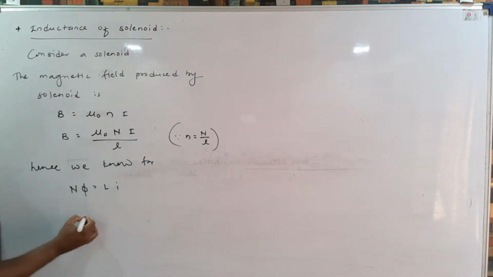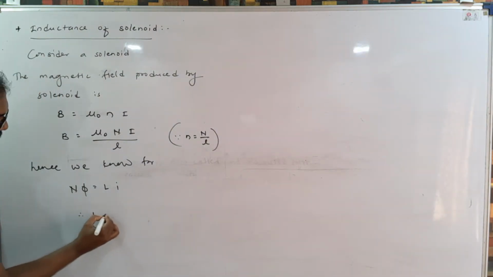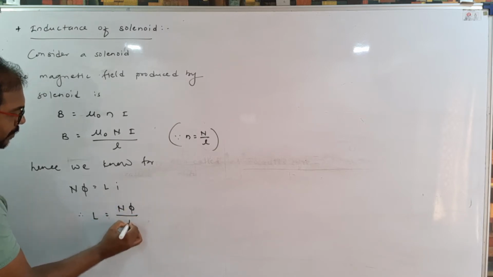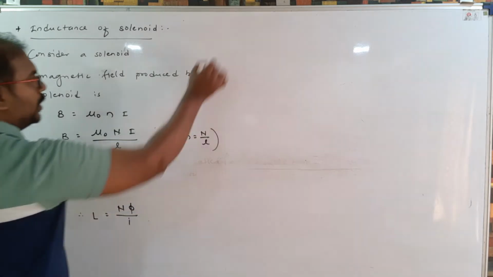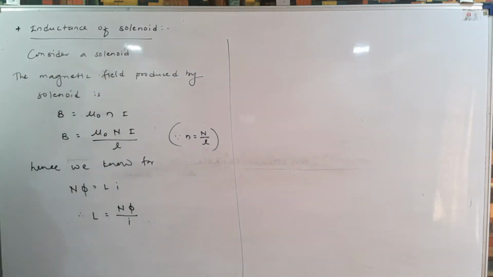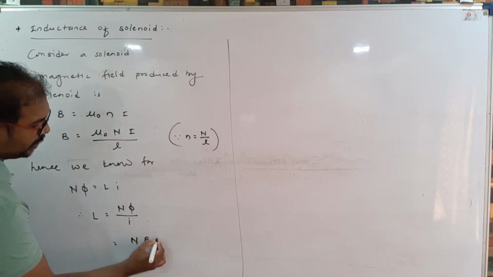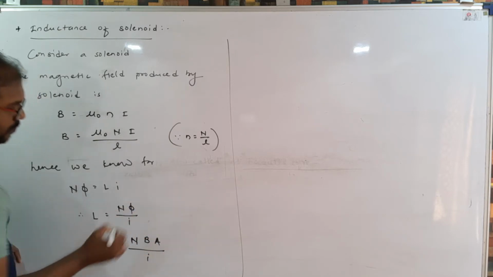By using that, I can write L is equal to N into phi divided by I. Now this flux we can write as B into A. So L is N times B into A divided by I.